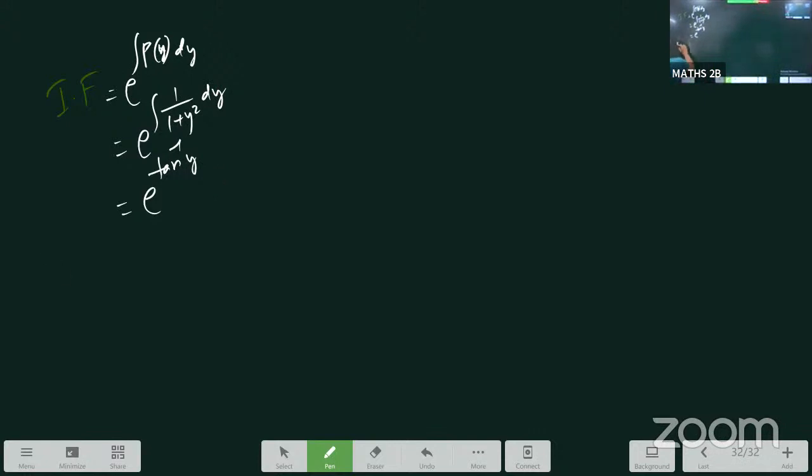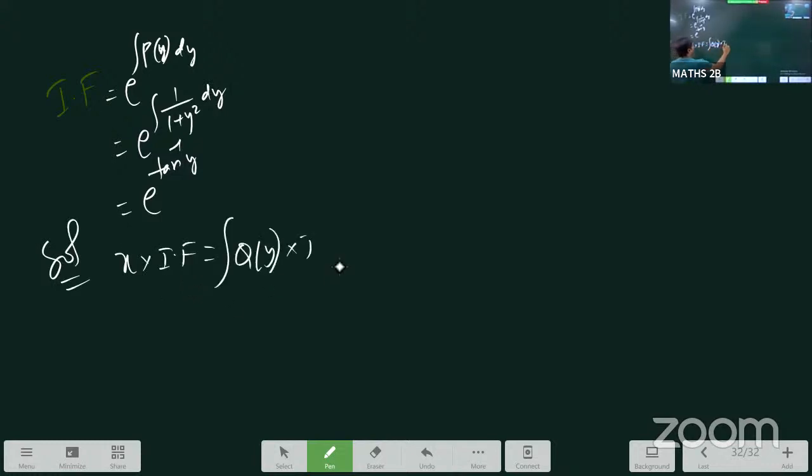Now the solution: x into integrating factor equals integral of q of y into integrating factor dy plus c.